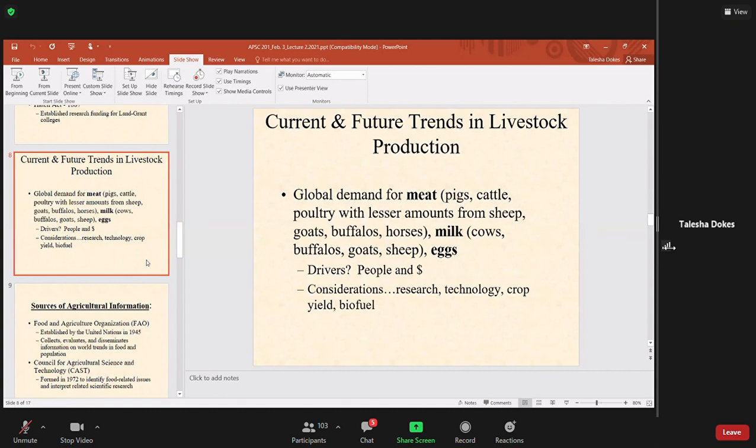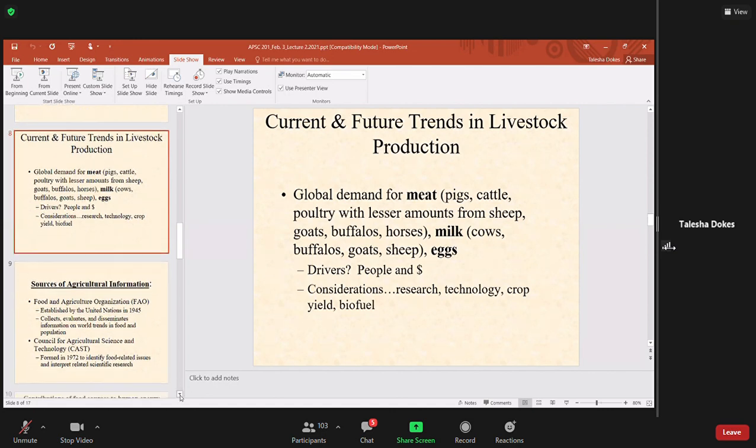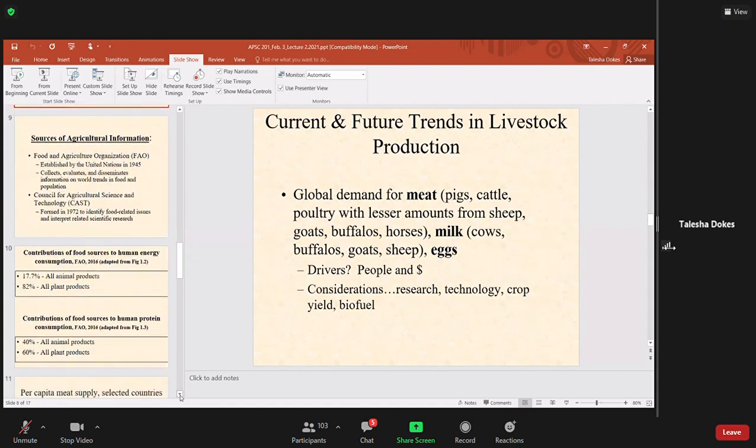The considerations we have in this field are research technology, crop yield, and biofuel. Those are some of the main areas we study within animal science so that we can keep up with the demands that society is putting on our agricultural field.